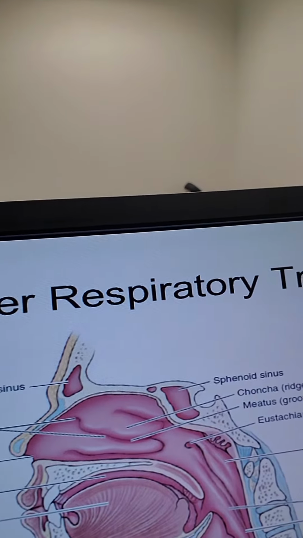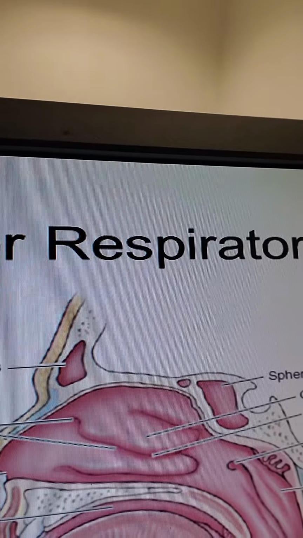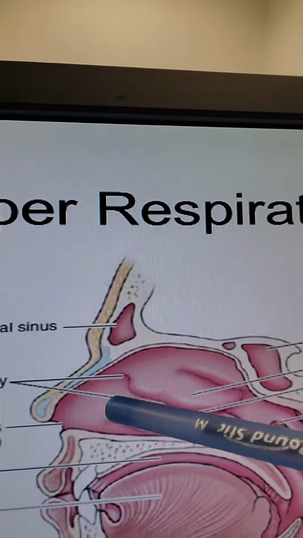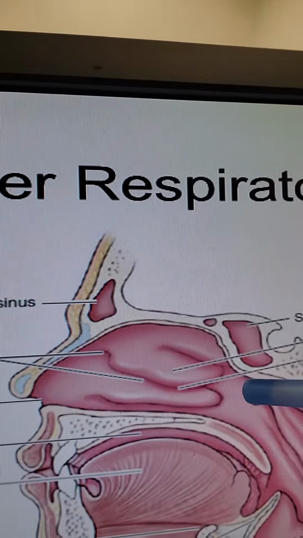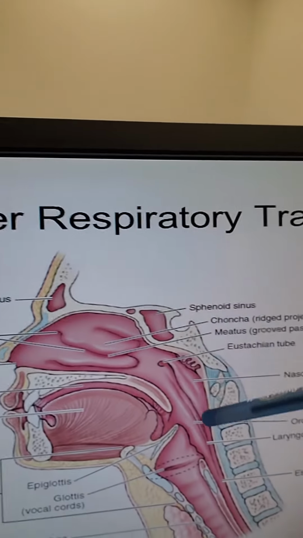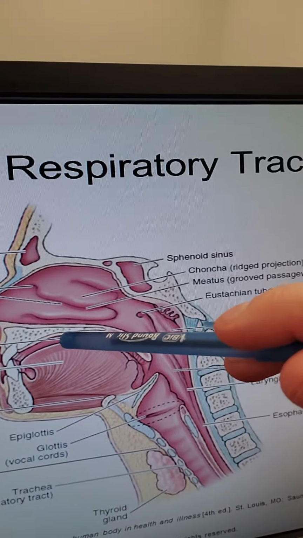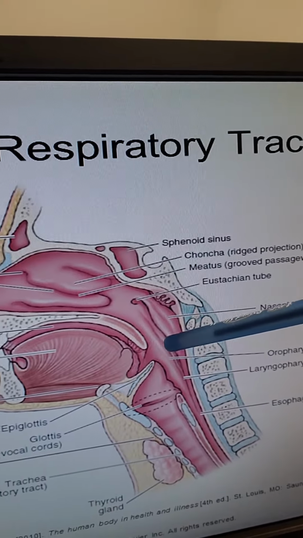This is the picture in your book. So here is your nose. Here's your mouth, obviously. Here is the passageway for air, and you can see here's the opening in the back of the throat. Here's your tongue. The air comes in over the tongue to the back of the throat.